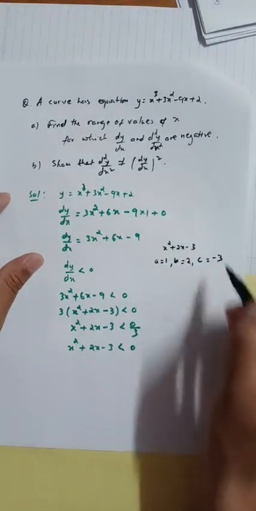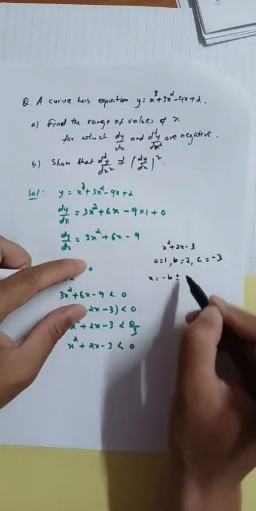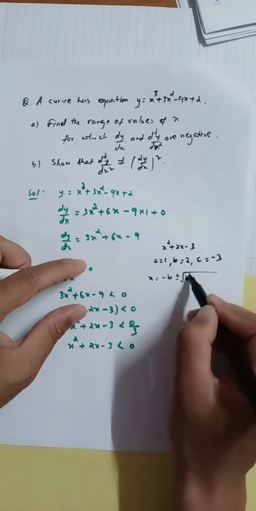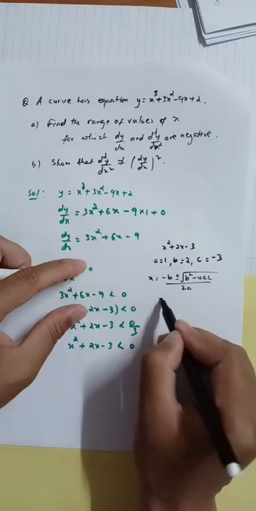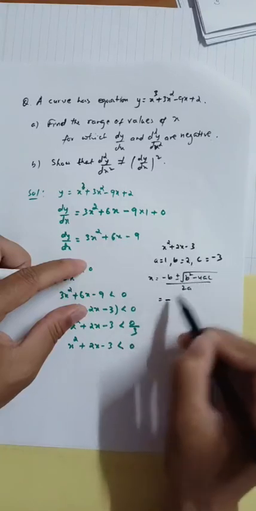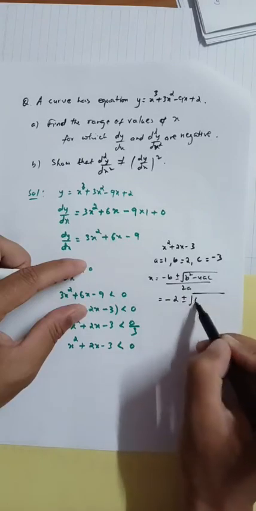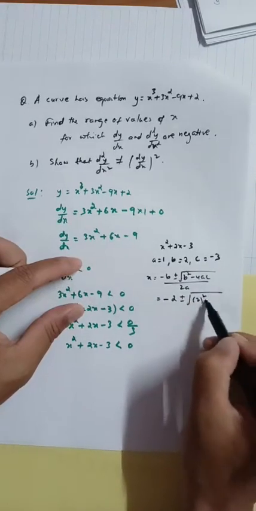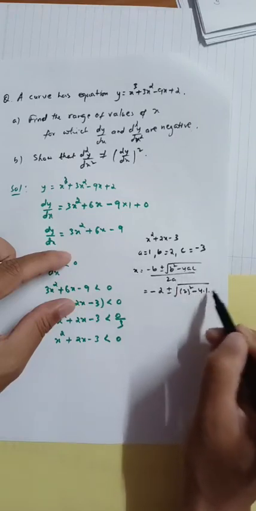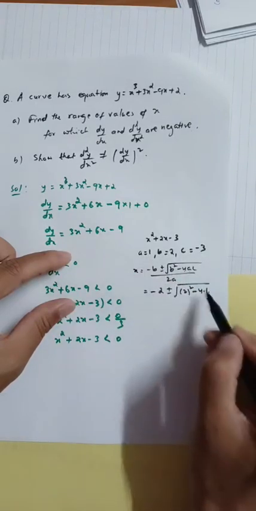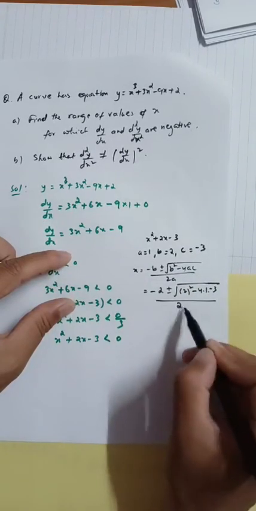So x is equal to negative b plus or minus the square root of b square minus 4ac, divided by 2a. Negative b is negative 2, plus or minus the square root of 2 square minus 4 times a, which is 1, times c, which is negative 3, divided by 2 times a, which is 2 times 1.